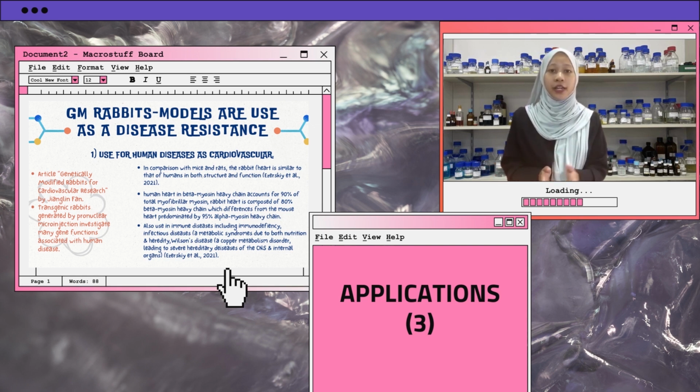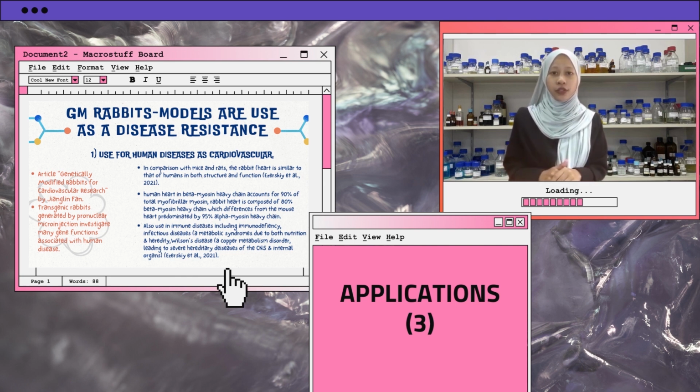For example, in the human heart, beta-myosin heavy chain accounts for 90% of total myofibrillar myosin. The rabbit heart is composed of 80% beta-myosin heavy chain, which is different from the mouse heart, predominated by 95% alpha-myosin heavy chain.